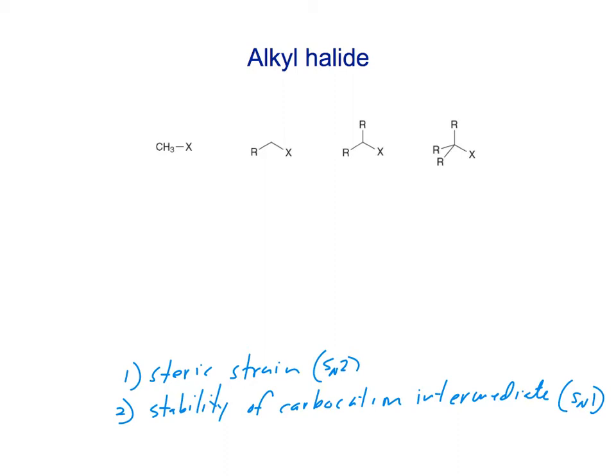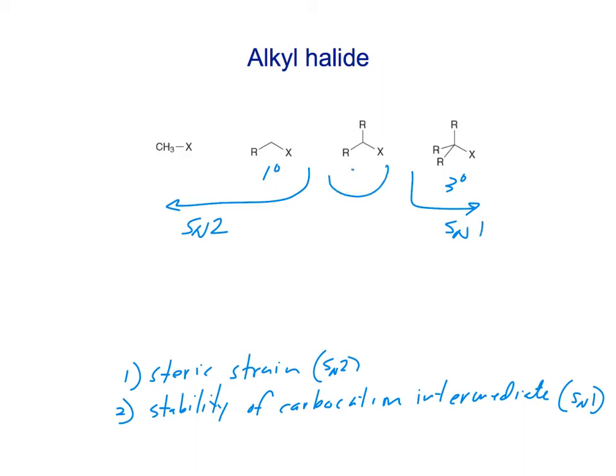So what we learned before is that if we have methyl halides or primary alkyl halides, they will only do SN2 substitution reactions. If we have tertiary alkyl halides, they will only do SN1.